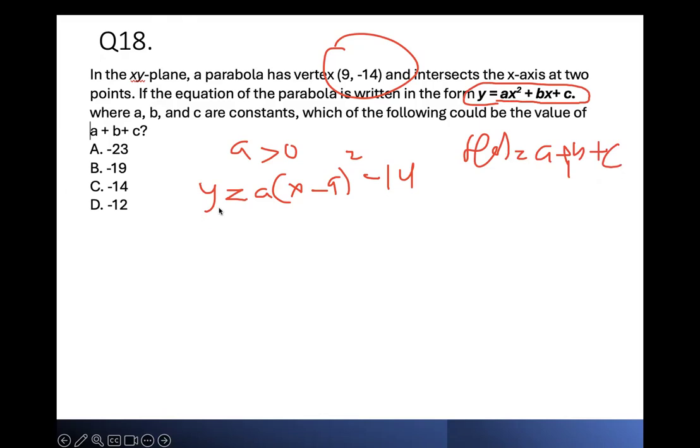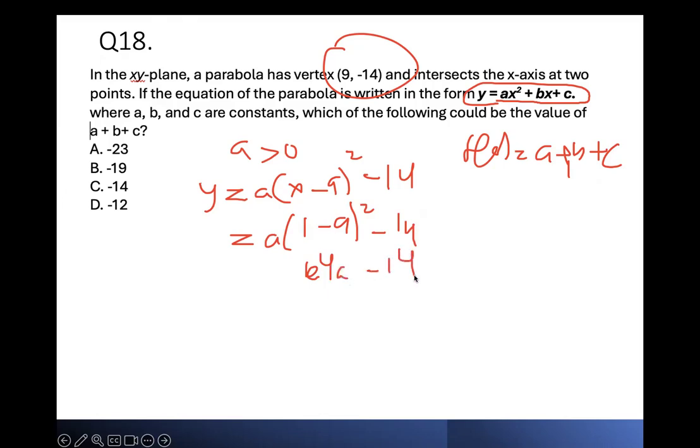Put f of 1 in this equation, and you're going to get a(1 minus 9) squared minus 14. If you calculate it, this gives you 64a minus 14.